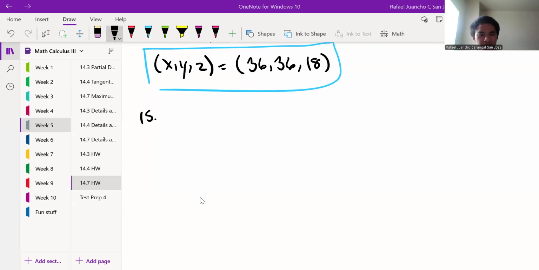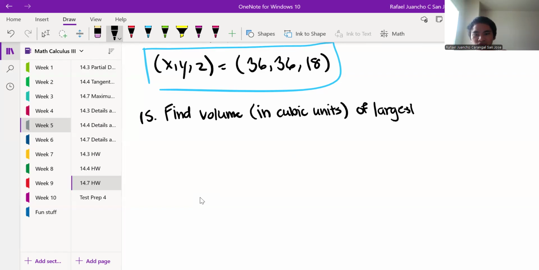Volume. Here I'm being asked to find the volume in cubic units of the largest rectangular box in the first octant.